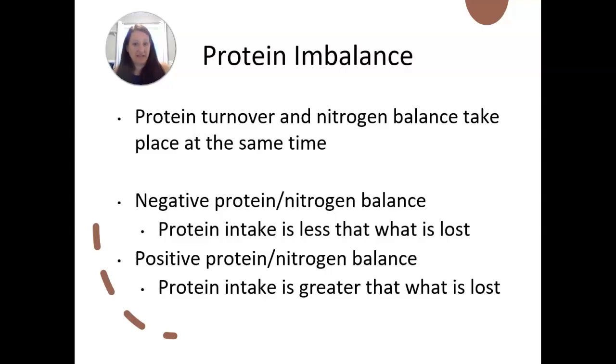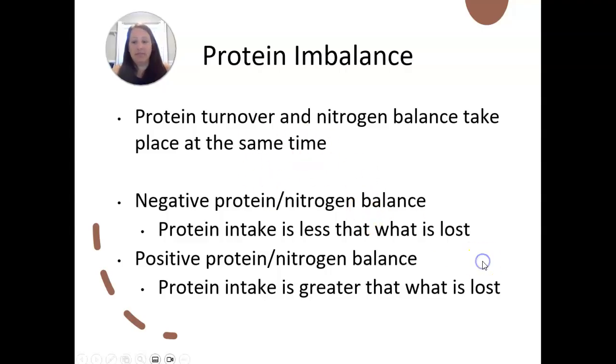So we're in a deficit in that case. And then we have something called positive protein balance or positive nitrogen balance. This is when protein taken in, so through our diet, is greater than what we are losing. And so we have a surplus. So we have balance, equilibrium, and then we have negative nitrogen balance where we have not enough, and then we have positive nitrogen balance where we have too much.